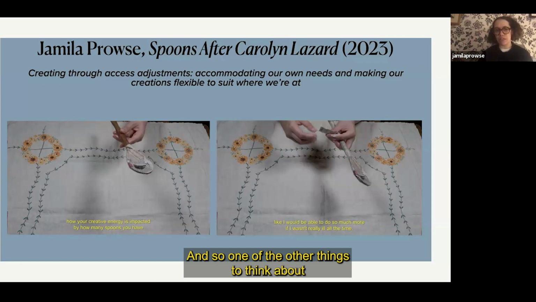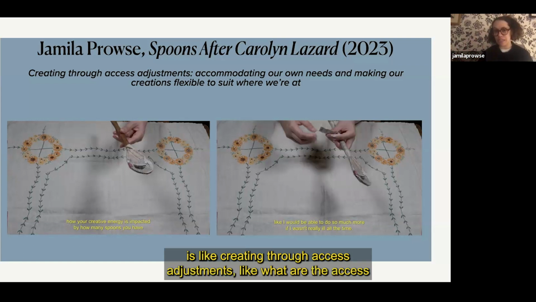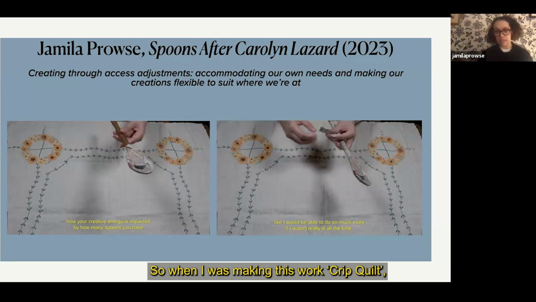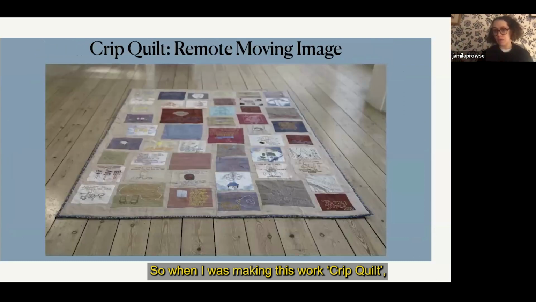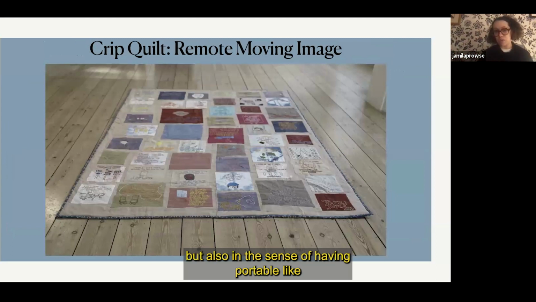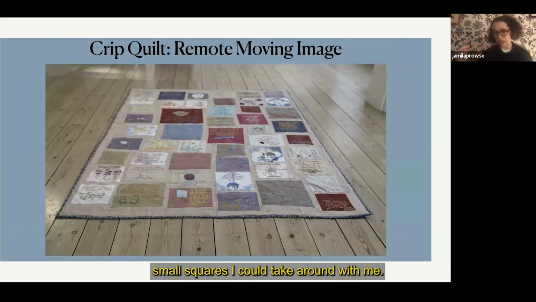And so one of the other things to think about is creating through access adjustments. What are the access adjustments you need to maintain a creative practice? So when I was making this work Crip Quilt, as I said, it was made predominantly from bed, but also in the sense of having portable, small squares I could take around with me. It was also made on trains.